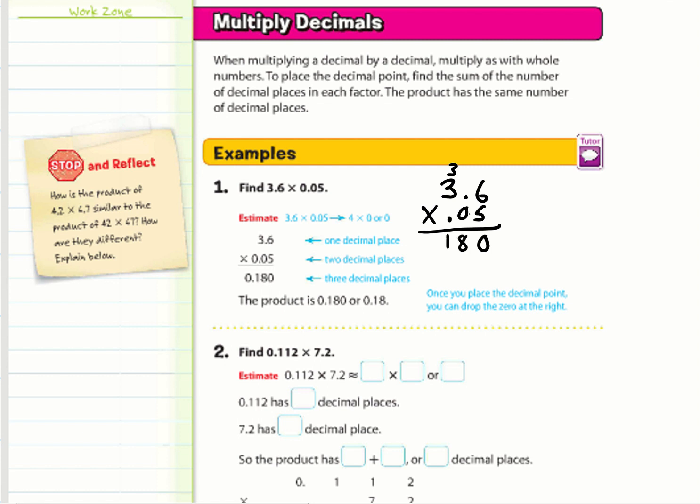And then 0 times everything is 0, so we really don't need anything on the bottom. So we count: we have 1, 2, 3 numbers to the right of the decimal. So we're going to move this 1, 2, 3, and the decimal place is going to be right here. So we get an answer of 1800th, or you can also write it without that last 0. They are both equivalent.